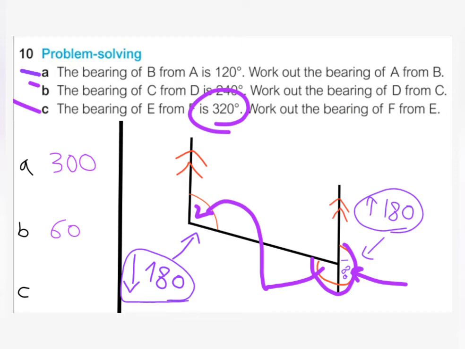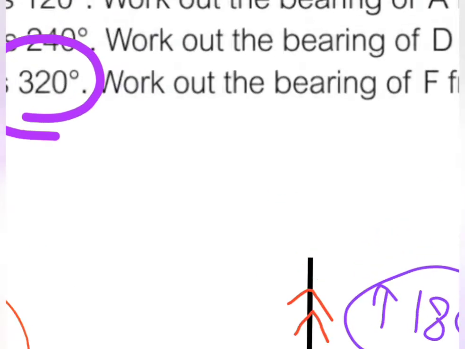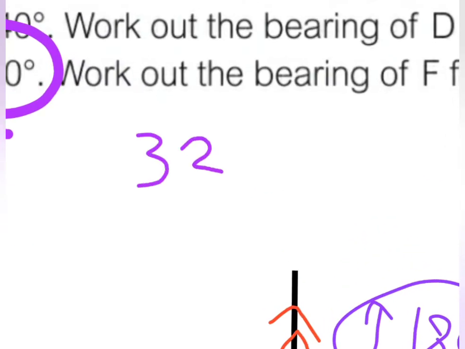That's it. So 320 minus 180 equals, we can use the calculator for that. Let's use the calculator and then come back. 320 minus 180 equals 140. Let's go back.